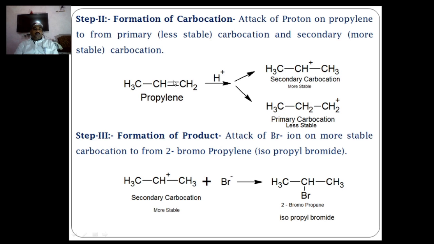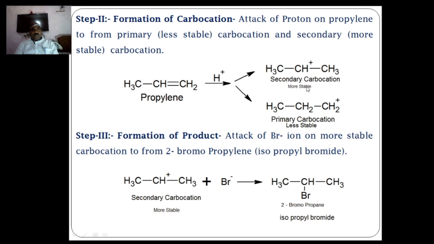Because the electron pair shifts onto this carbon atom, so this carbon carries the positive charge. This gives a carbocation at a secondary carbon, that's why it is known as a secondary carbocation.